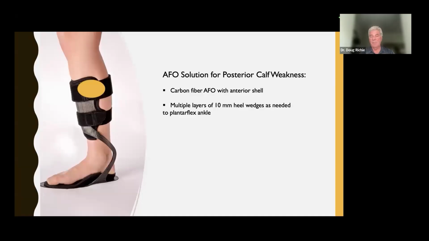A great AFO solution for posterior weakness and flexion of the knee is an anterior strut AFO, a carbon fiber AFO. We used to offer one of these. We've temporarily suspended it because our factory in China closed down, but these are available through multiple other websites and vendors.